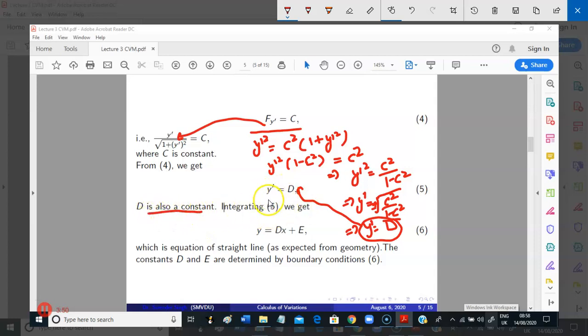If you integrate this, y dash stands for dy by dx equal to d. When you integrate on both sides, you get y equal to dx plus e, where e is an arbitrary constant.